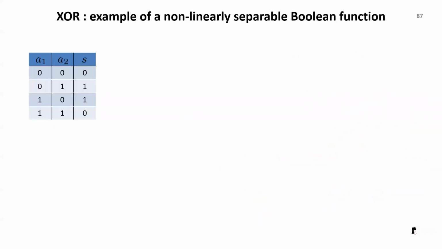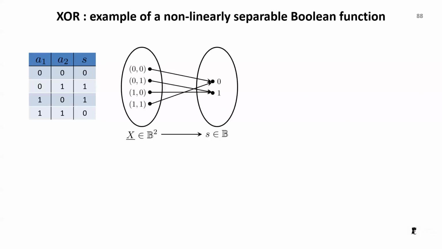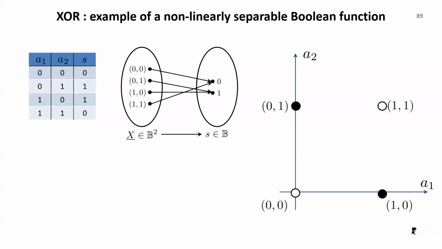Another problem in Boolean functions is XOR. Those are the truth table for XOR. This is the mapping that's going on between input domain to the output domain. In the Boolean cubes, remember, this is our notation. Solid circle bullets mean true.